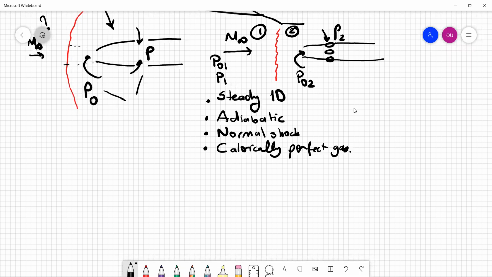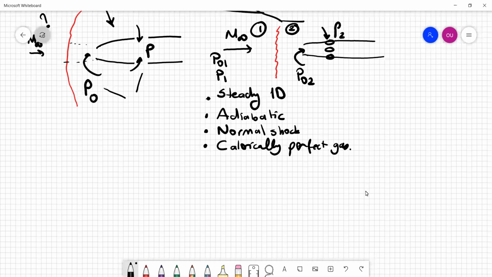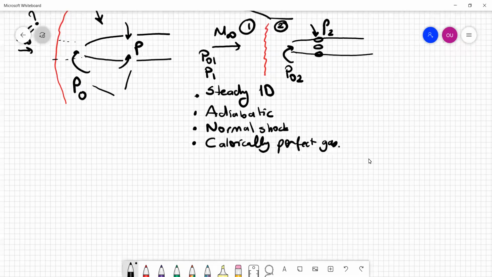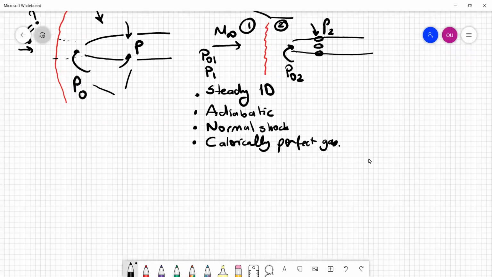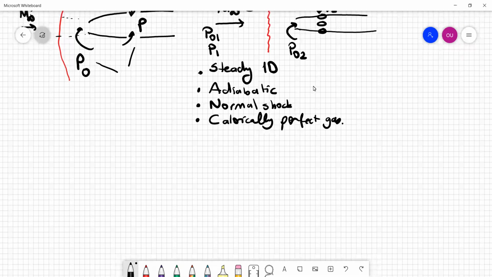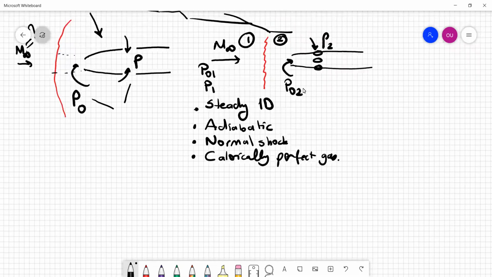The first thing we use them for is to come up with the Mach number after the shock wave, the M2 value. For relating P02 to P2, we use the isentropic relation, because if you remember our normal shock wave discussions, we said before the shock wave and after the shock wave we have isentropic flow, not across the shock wave.